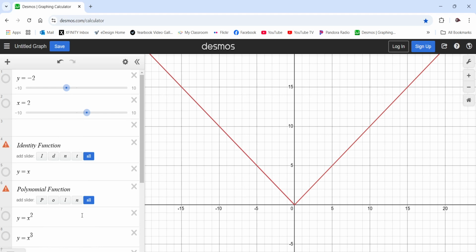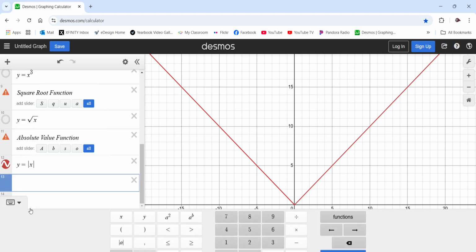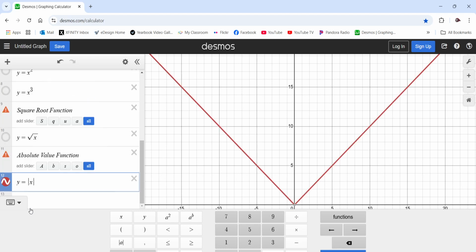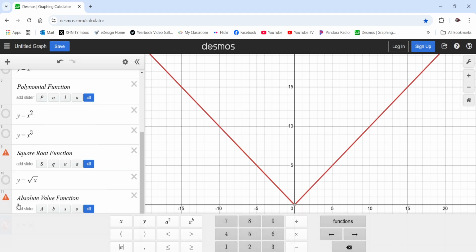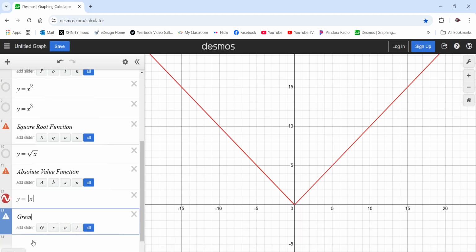All right, let's see what else we got. I had to look this up because I had no idea how to graph this on here. Let's write down what it's called first before I graph it. The greatest integer function.